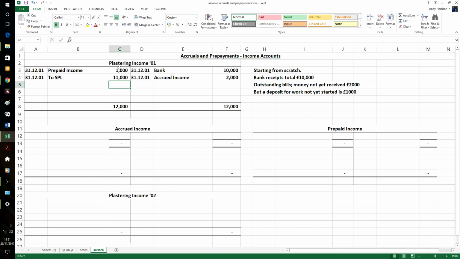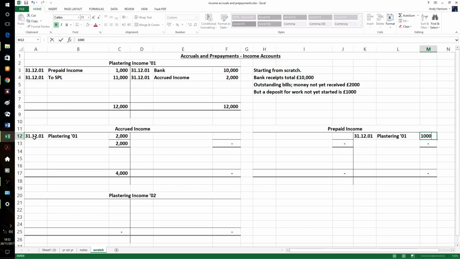But we haven't done the double entries into the accrued income account or the prepaid income account, so we better do those. So that's the double entry for the accrued income. And that's the deposit that we've got, or they've got.